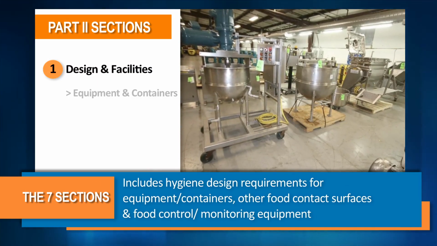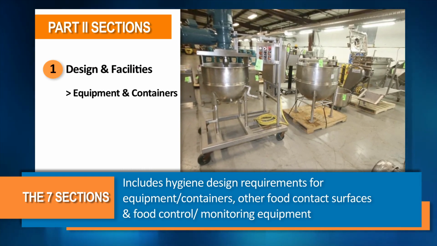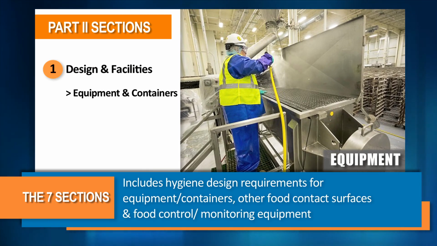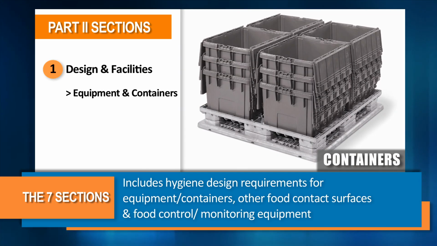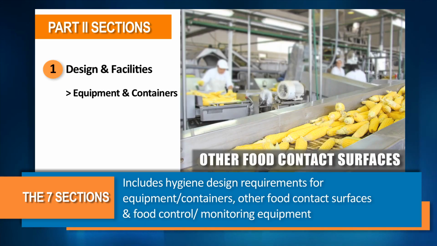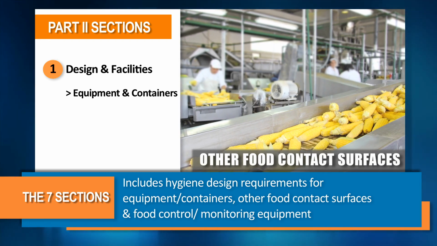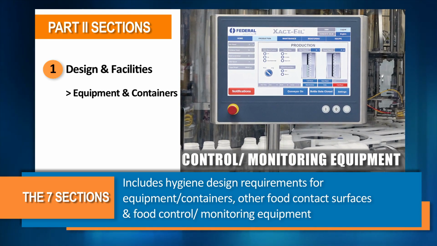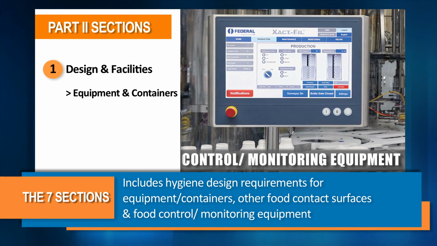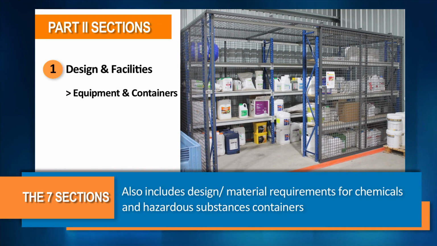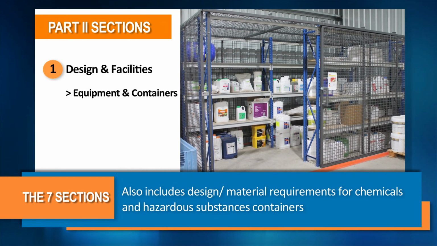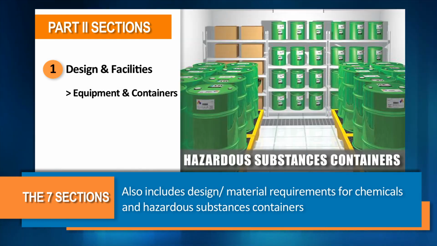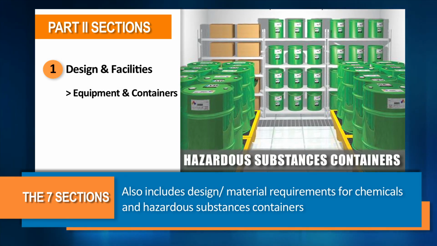The subsection Equipment and Containers includes hygiene design requirements for equipment, containers, other food contact surfaces, and food control and monitoring equipment used in food manufacturing. It also includes design and material requirements for chemicals and hazardous substances containers.